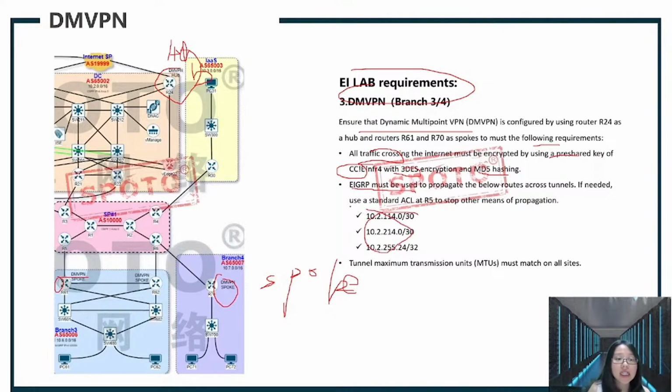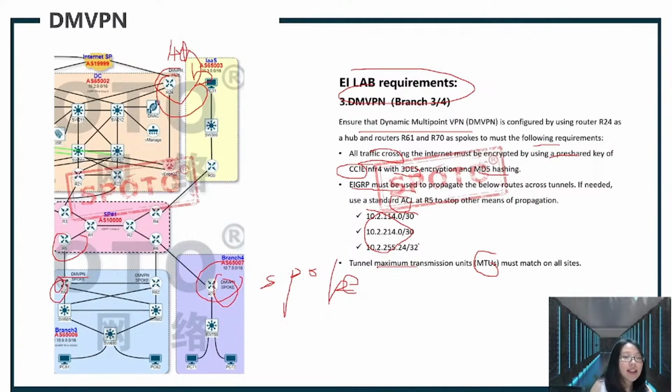So if needed, we need to use an ACL at router 5 to stop other means of propagation. So the tunnel maximum transmission unit, MTU, must match on all sides. Okay, so we need to implement router 24, 61, 70 to establish DMVPN and learn routing through EIGRP.